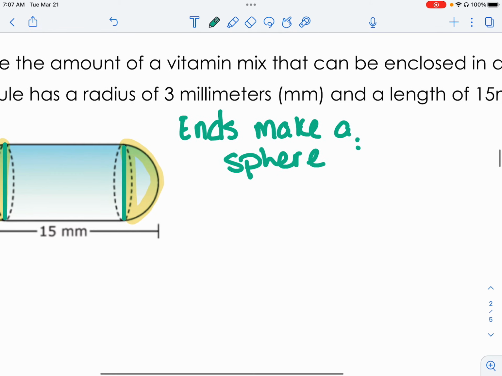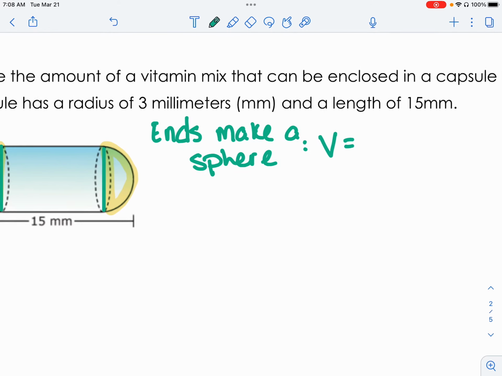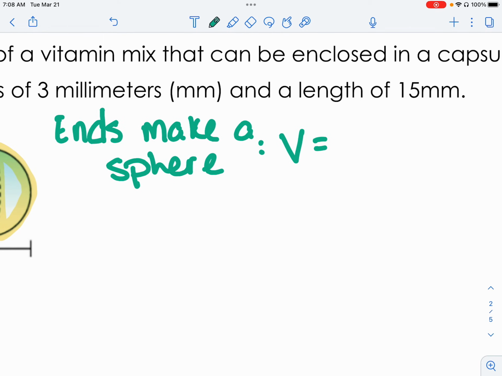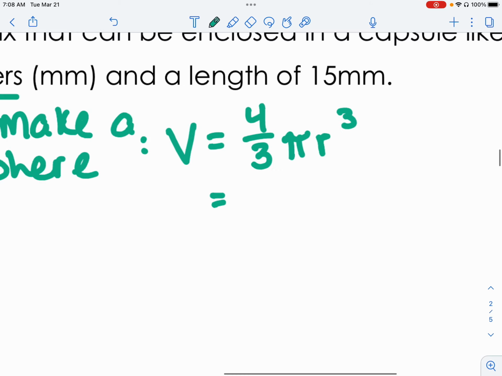And the formula for a sphere, for the volume of a sphere, remember we're trying to pack vitamin mix inside of this. We want to see how much we can fill it up. That's what volume looks for. Is 4/3 pi r cubed. But we are told in the problem, hey, my radius is 3.